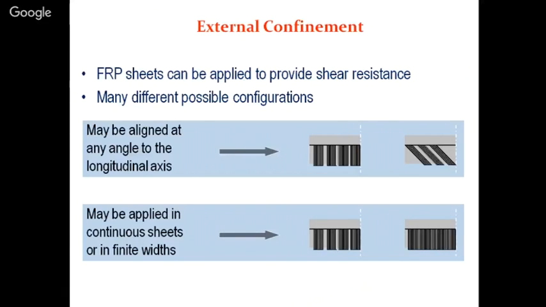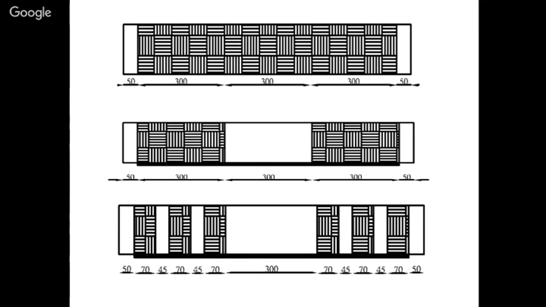We can do it partially, vertical at 90 degrees or with some 45 degree inclination. In the next image, you can see it completely wrapped. If you are doing complete wrapping, you have to provide adequate lap length between one part of FRP and another. The first one stands for complete wrapping, the second one for FRP with adequate lap, and the third for individual strip wrapping.